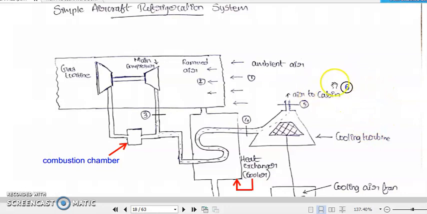Cabin is the point 6 where the human beings or the passengers or the electronic payloads, which have to be refrigerated, are kept. So it is moving to the cabin and producing the refrigeration. How is it going to produce the refrigeration? The air coming out from the expander at 5 dash will be coming towards 6 and takes up the heat.